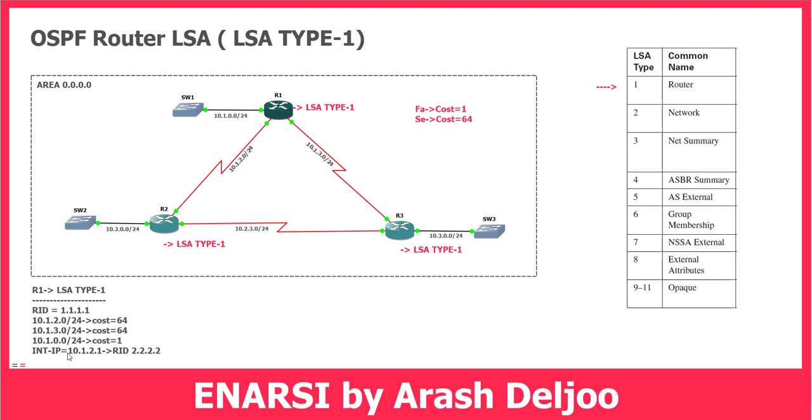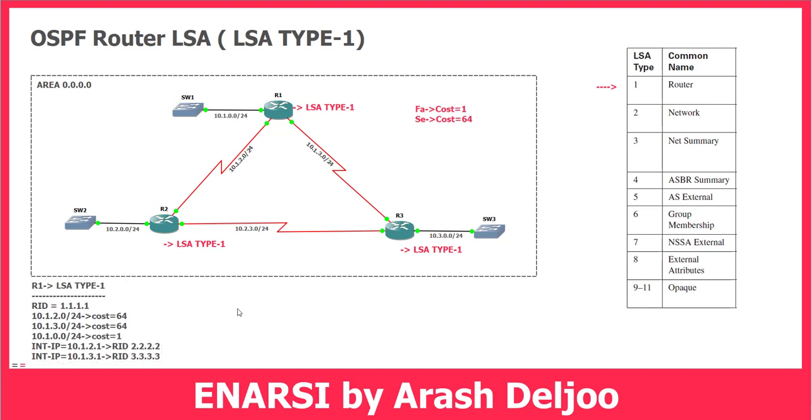R1 knows that with 10.1.21, the IP address of this interface, it is connected to router 2. And also, with the interface IP of 10.1.31, R1 is connected to the router ID quad 3. That's it. Here you can see all of the information of the LSA type 1 of router 1.